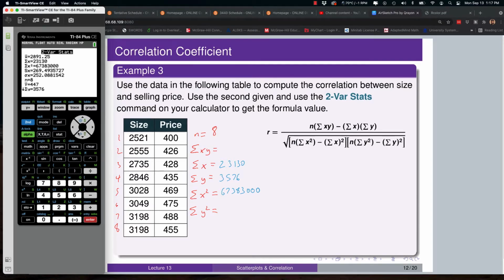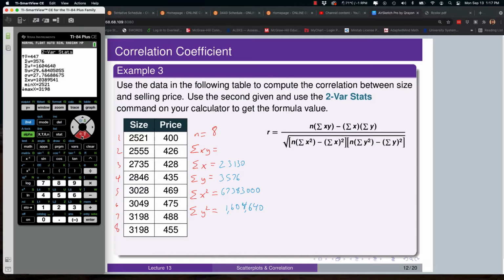If I scroll down, I should get the sum of Y squared, the y value squared, 1,604,640. And if I keep scrolling down, it will actually give me the sum of X times Y.